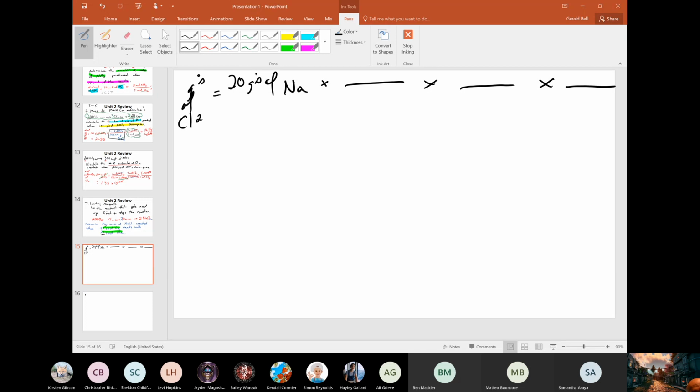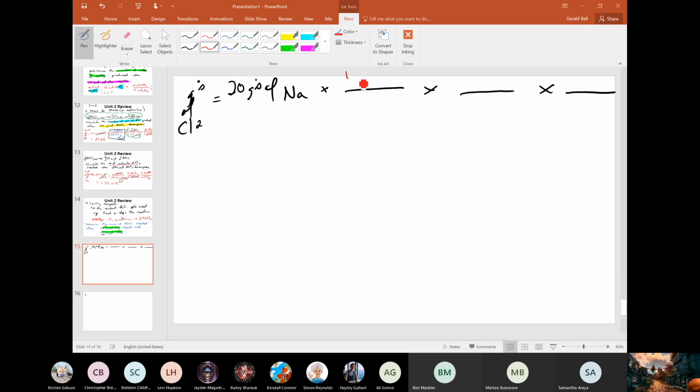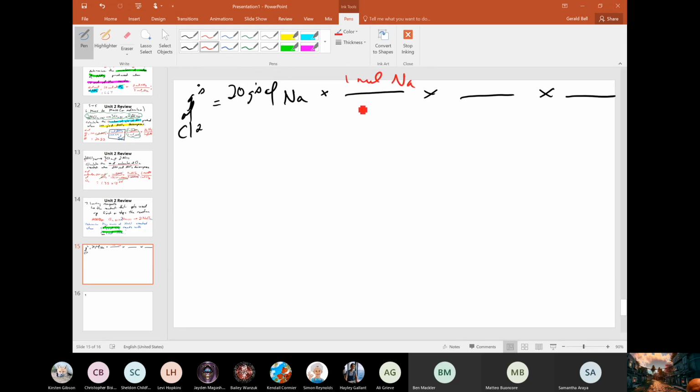Now remember, this is just going to be a fictitious calculation. This is not our final answer. So we're after 1 mole. 1 mole of Na is 22.98 grams of Na. Cancel, cancel. The balanced equation gives us 2 moles of Na here and 3 moles of Cl2 up top.